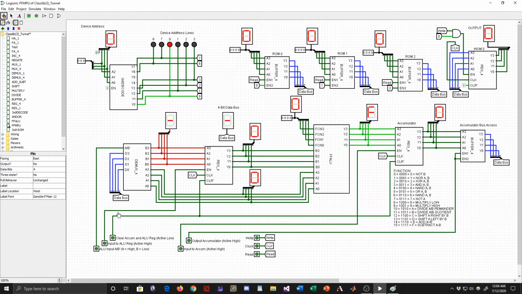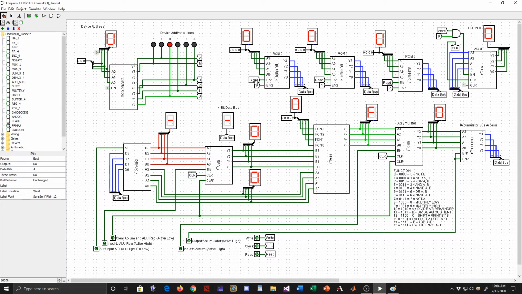So I'm going to draw it back over here, and these are just some more ROMs, and this is a write-only memory, and they have their own addresses. Notice here that the write-only memory and the read-only memory share an address, which is fine because for the read-only memory, stuff only happens when you're also reading, and for the write-only memory, stuff only happens when you're trying to write.